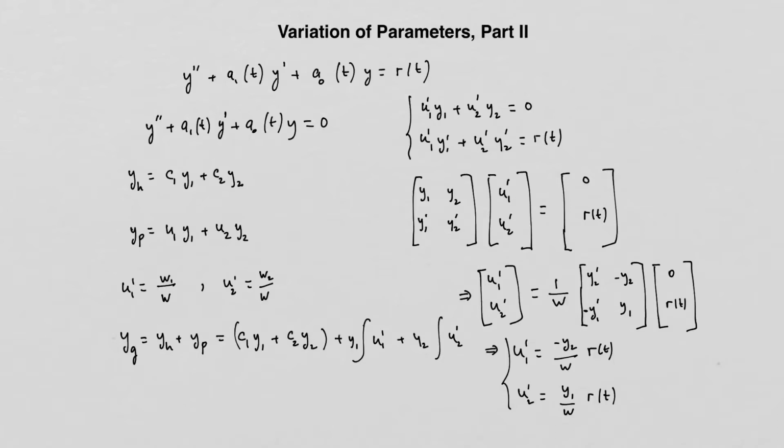If the coefficient of y double prime, which we generally call a sub 2 of t, is not 1, you want to divide across by a sub 2 of t. So this becomes a sub 1 of t divided by a sub 2 of t, a sub 0 of t divided by a sub 2 of t, and r of t divided by a sub 2 of t, so that the coefficient is 1.